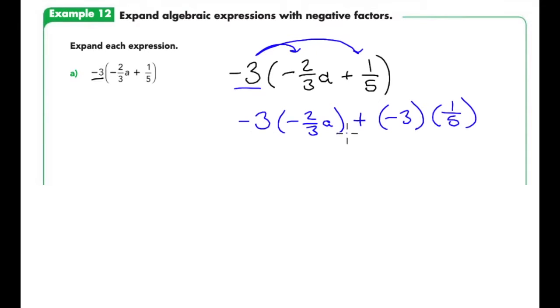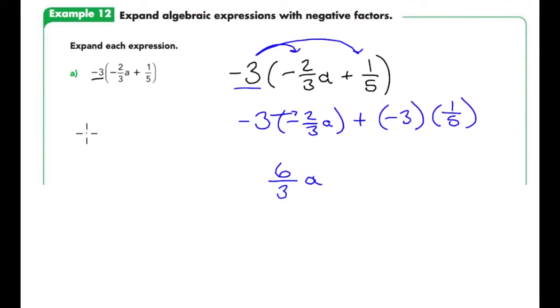And we're multiplying fractions by integers again. So I'm just going to multiply this 3 by the top part. 3 times 2 is 6. So that is 6 over 3a, or 6/3 a. And now we've got to remember our sign rules again with negatives and positives.